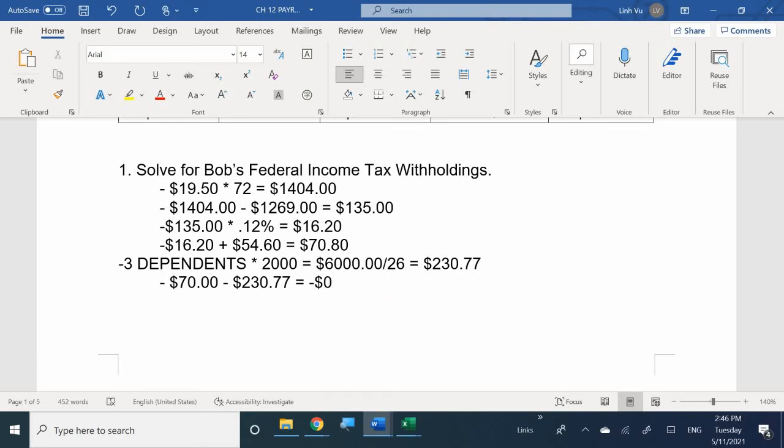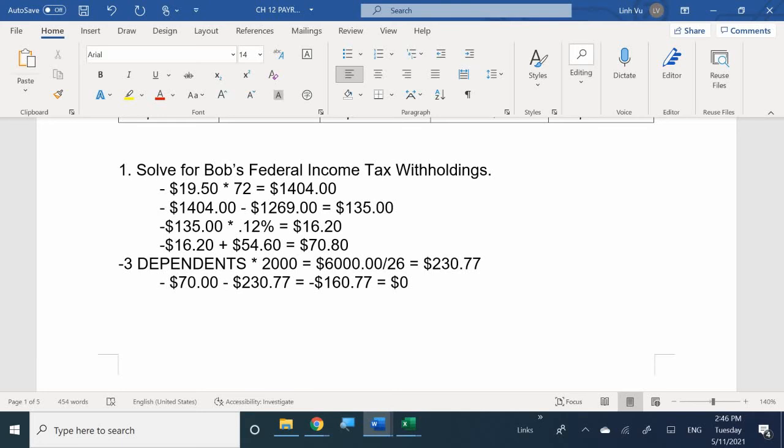Because if you get a negative number, your automatic assumption is going to be 0. What was my negative number here? 160.77. So therefore, he's going to claim 0 for his income tax withholdings.